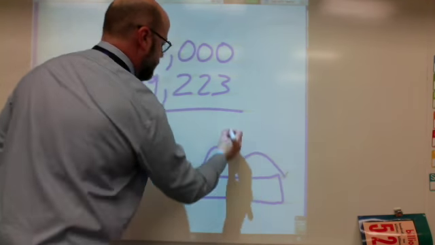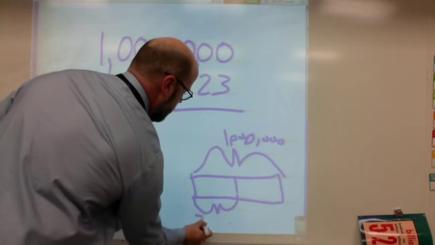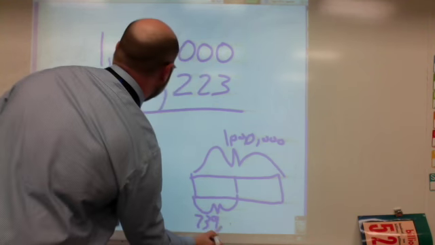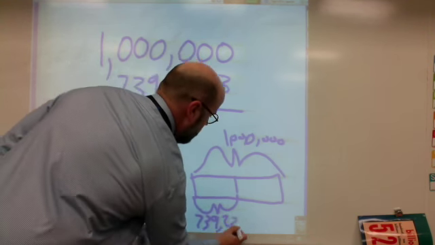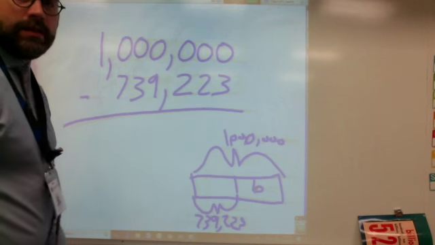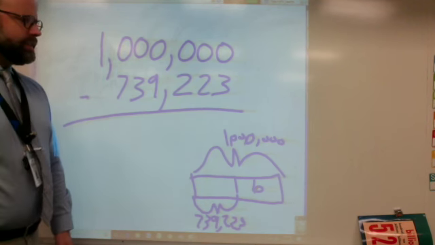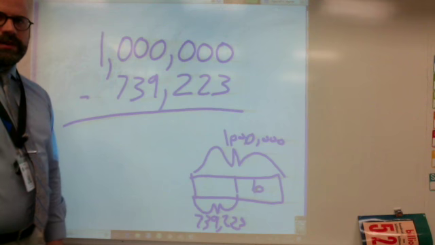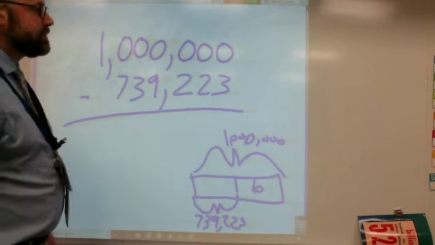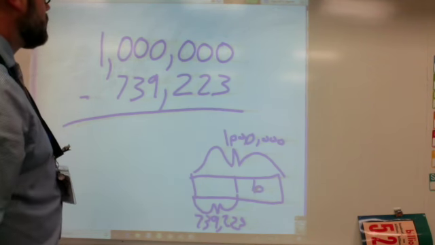Then the one piece is going to be 739,223, and I'm going to use the letter B for my variable. Okay. Mr. Ryans, that's an awful lot of zeros! You're darn tootin' it is. Look at it.